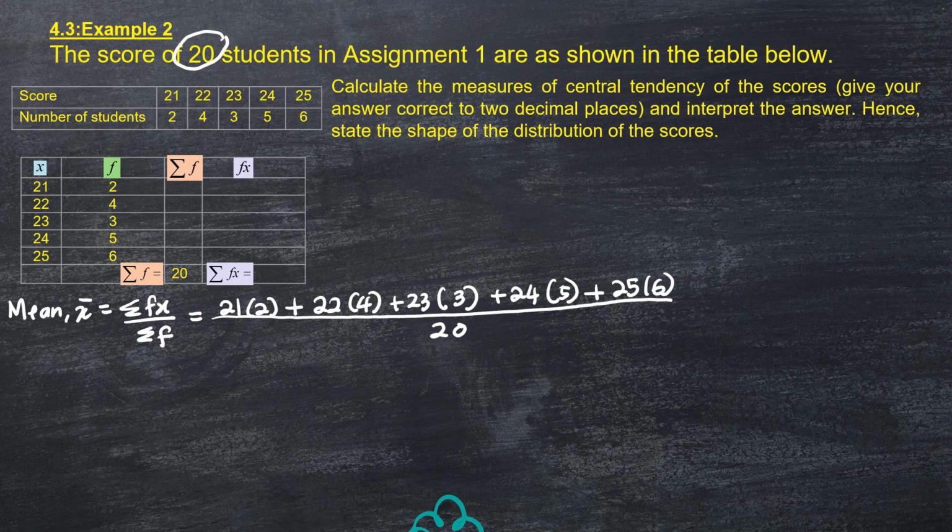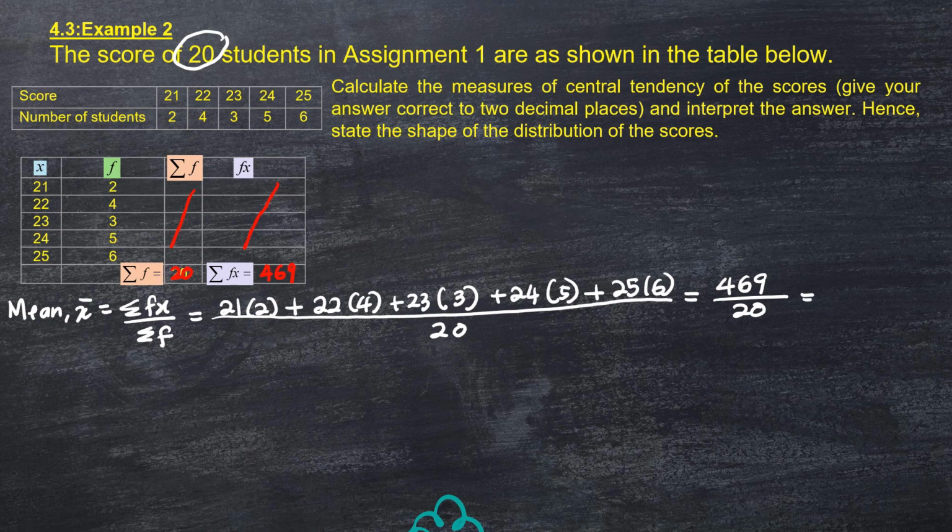So here you will have 469 over 20. The values 469 and 20 you need to rewrite in your answer sheets, even if you are using your calculator to get the final answer. It is compulsory.